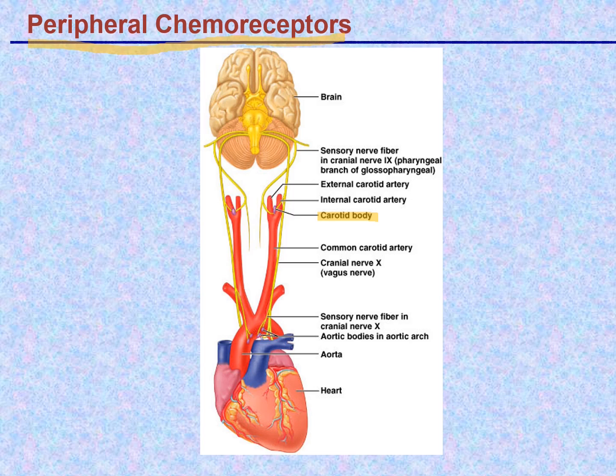So you have carotid bodies there, and you have aortic bodies in the aortic arch. Those are key to sensing peripheral PO2, PCO2, and pH levels. Very, very important. Monitoring, constantly sending sensory information back to the brain, and it goes into the brain stem.